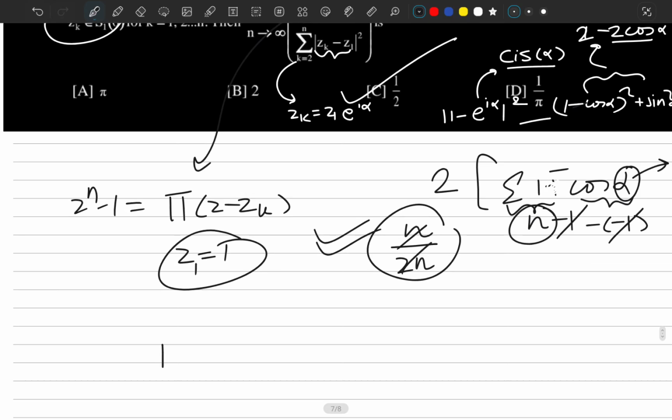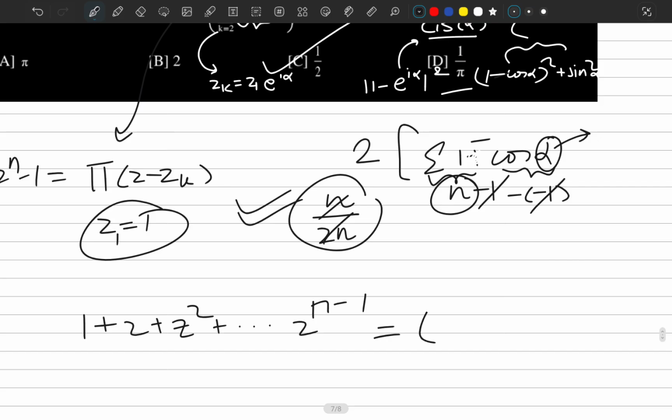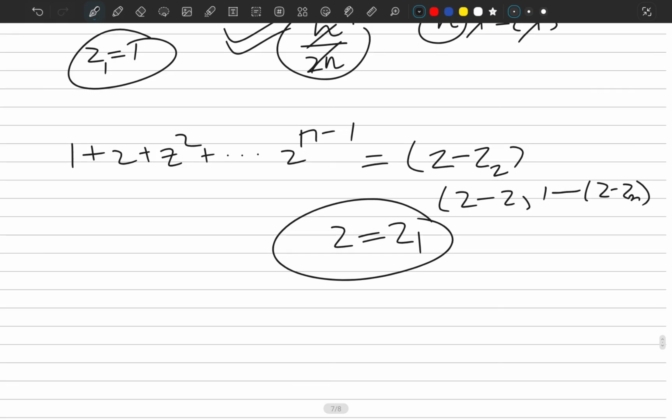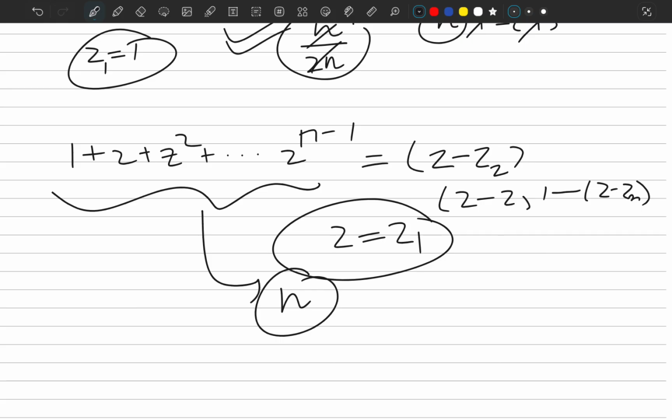And then you have to do the same old fashioned z^n minus 1, and then z minus z2, z minus z3 dot dot dot z minus zn, and then we have to put z equal to z1. z1 is 1, so you just have to put it in, and if k comes, then k also comes here, sorry, so it will give n.